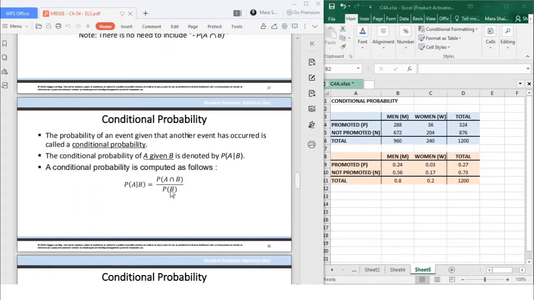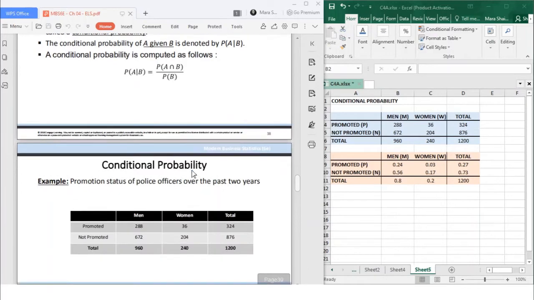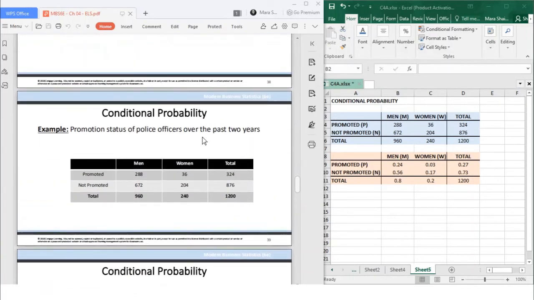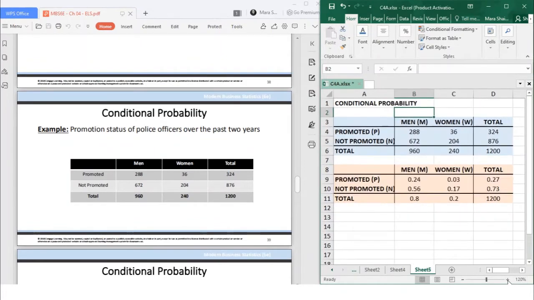For you to understand it better, we'll have an example. For example, as an illustration, consider a situation wherein the promotion status of male and female officers over the past 2 years are given.